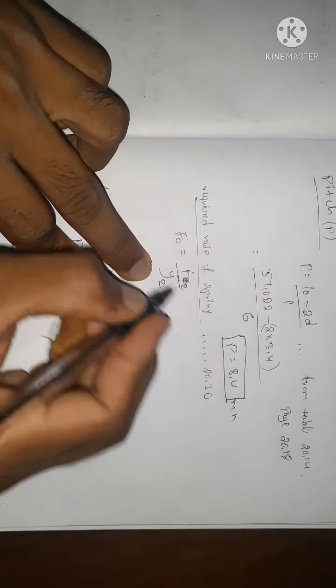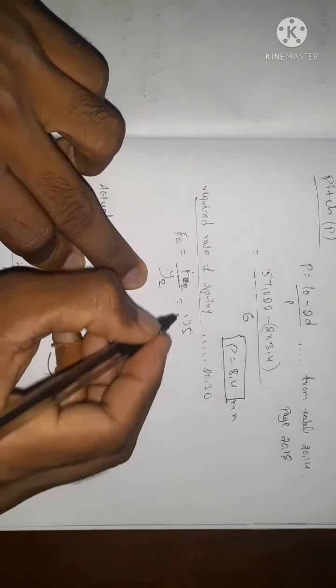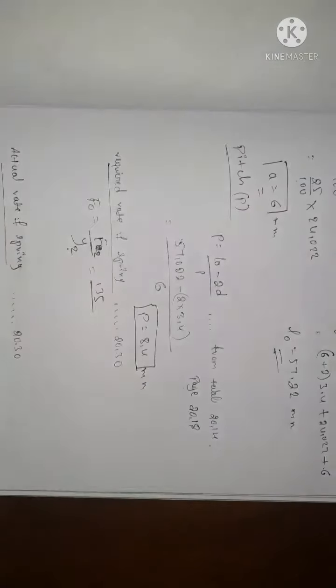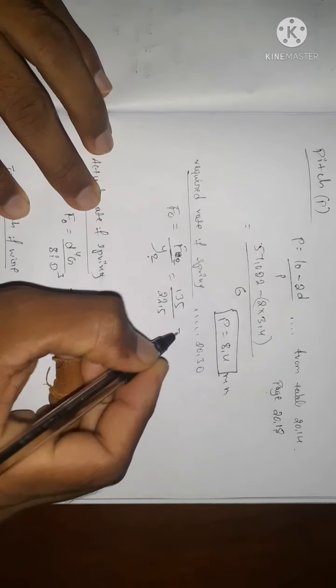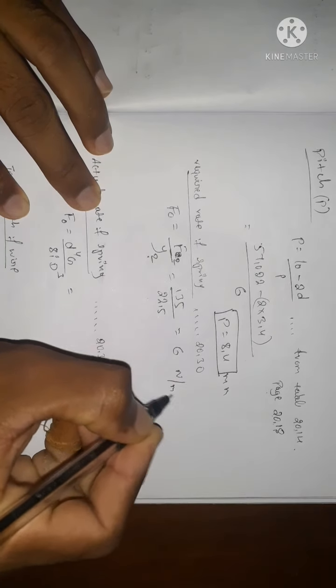So F2 is equal to 135 divided by y2, which is 22.5, equals 6 Newton per millimeter.